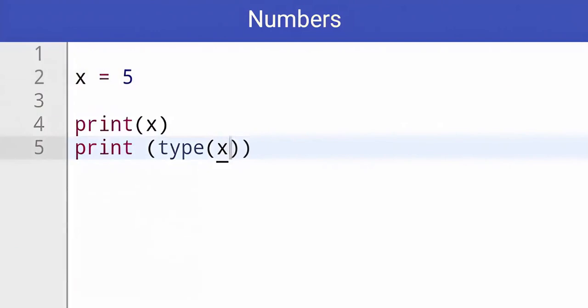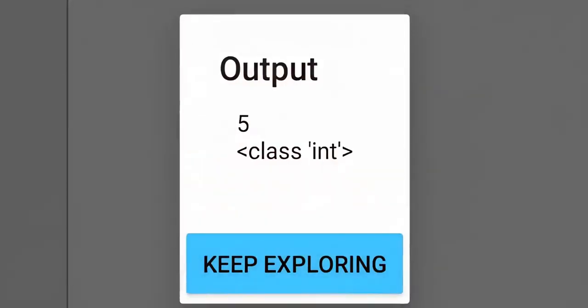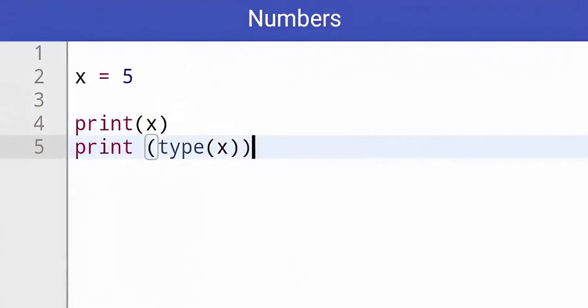Okay, so here we're just going to print out the value of x and the type of x, just so that you can see that this is an integer. And now to change this into a float, we are basically going to put this into a float constructor.